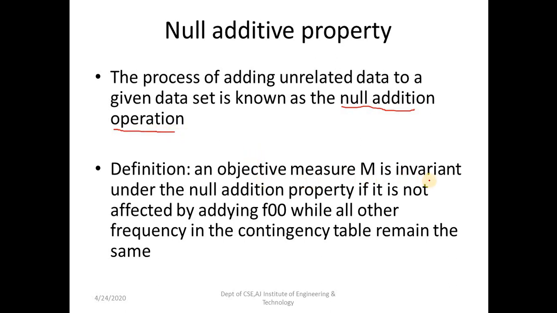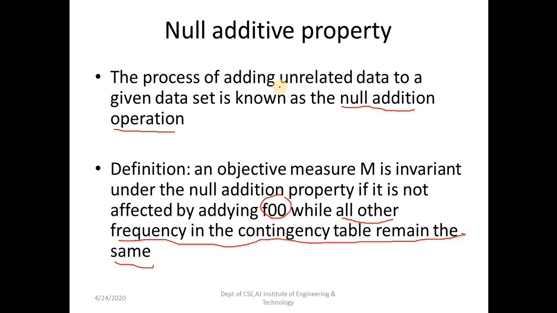An objective measure M is invariant under the null addition property if it is not affected by adding f00, while all other frequencies in the contingency table remain the same.